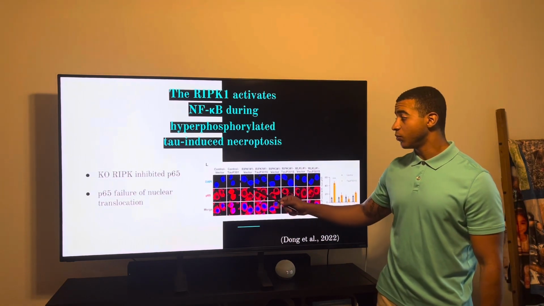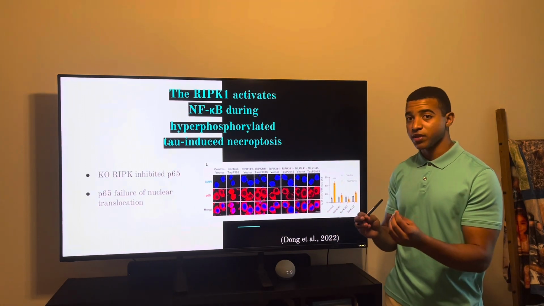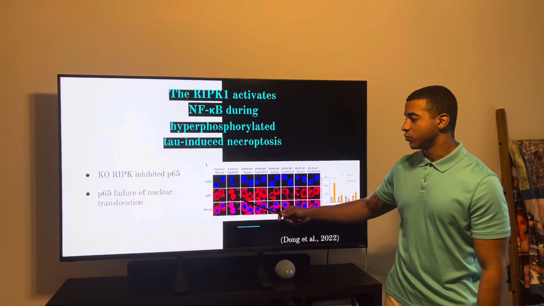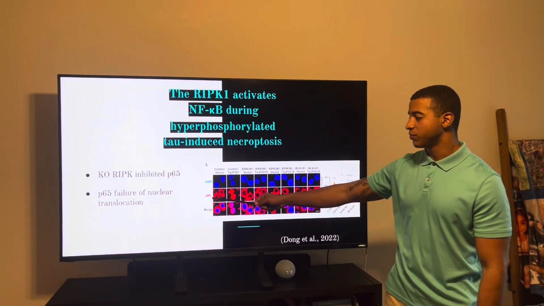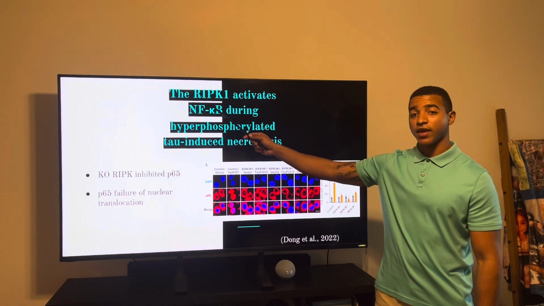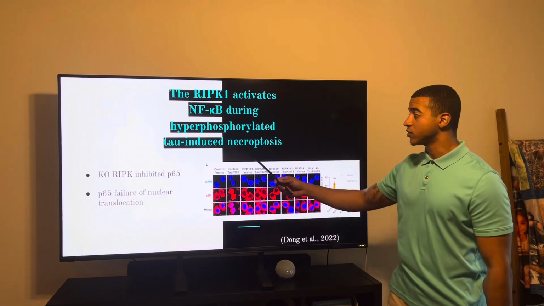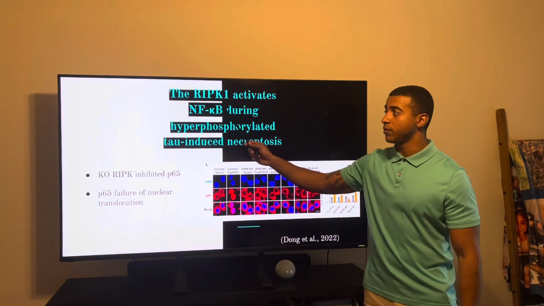But the control group with the RIPK1 pathway happening and also inducing that p-tau had the translocation, which is showing you that nuclear translocation of P65 was happening, which shows that the NFκB pathway is happening. Like this necroptosis is causing the NFκB to happen.